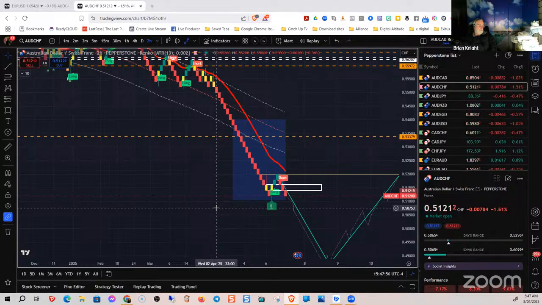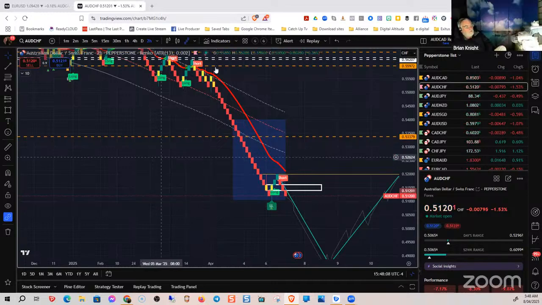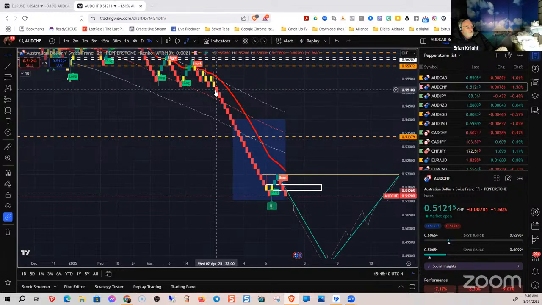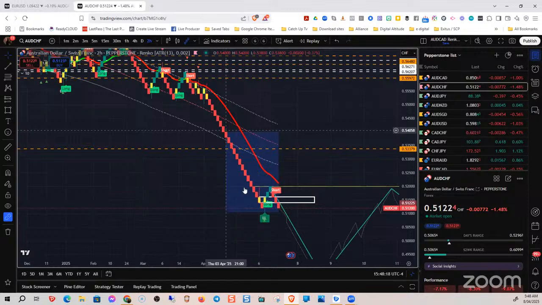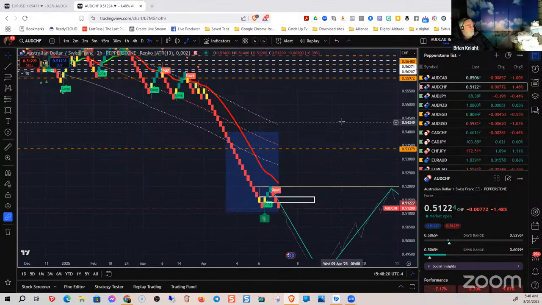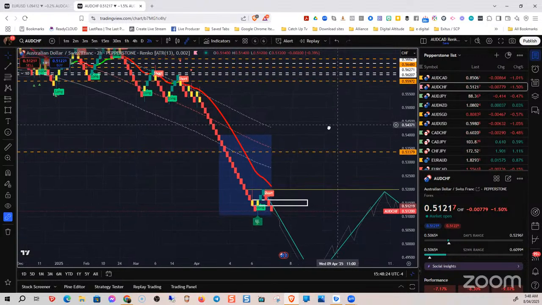All those bricks got created pretty quickly. You got a brick there that's on Wednesday, and that brick there is on the Friday. There's a whole lot of bricks done real quick. Because it's Monday, I'm looking at this to consolidate for a day or two.